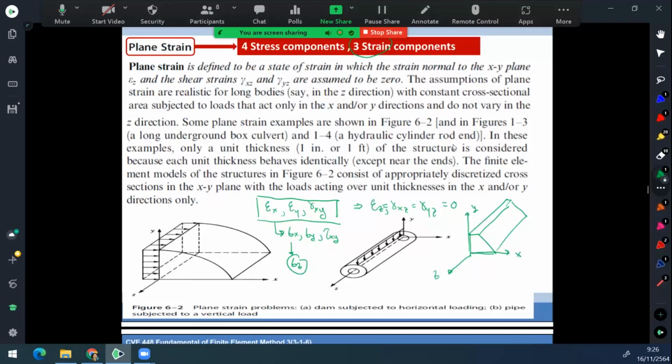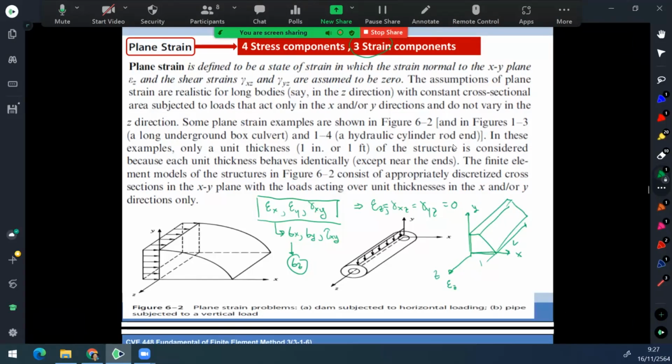For a case that is really long, like a tunnel or something subject to stress along the body, we have the axial strain epsilon z along the z direction. Because the body is very long, the axial strain, the deformation along the z axis, is very small in comparison with the original length.